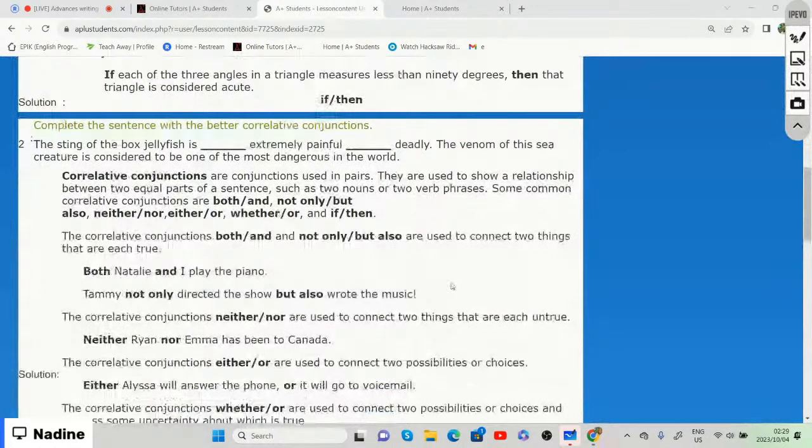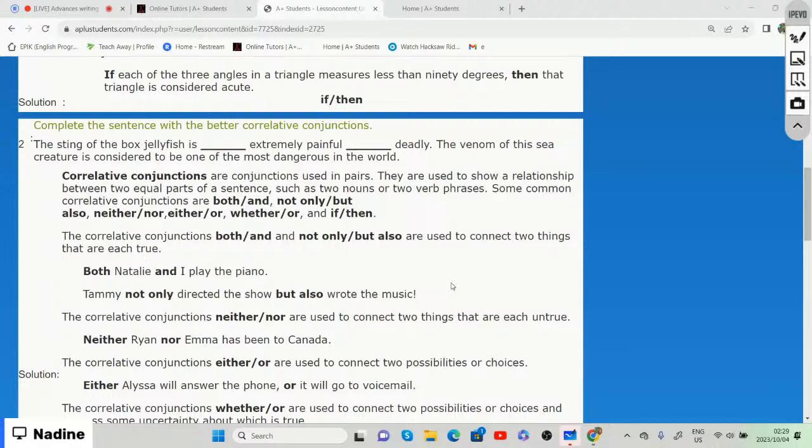The sting of the box jellyfish is extremely painful, deadly. We need to check the correlative conjunction. So the sting of the box jellyfish is extremely painful, deadly.